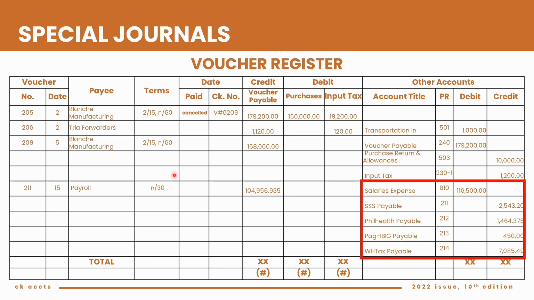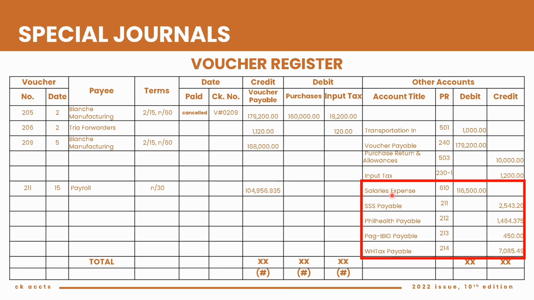So, the gross pay is here in our salaries expense debited at 116,500. Okay? Then when you match that 116,500 against the SSS payable, PhilHealth payable, Pag-ibig payable, and withholding tax payable, it will equate, I think, to 104,956.935.